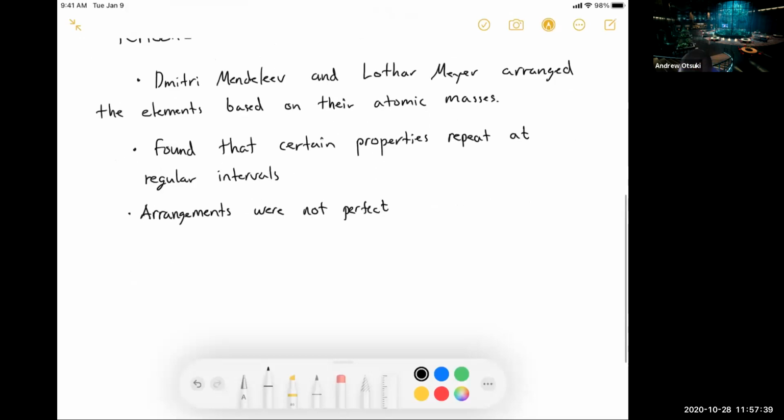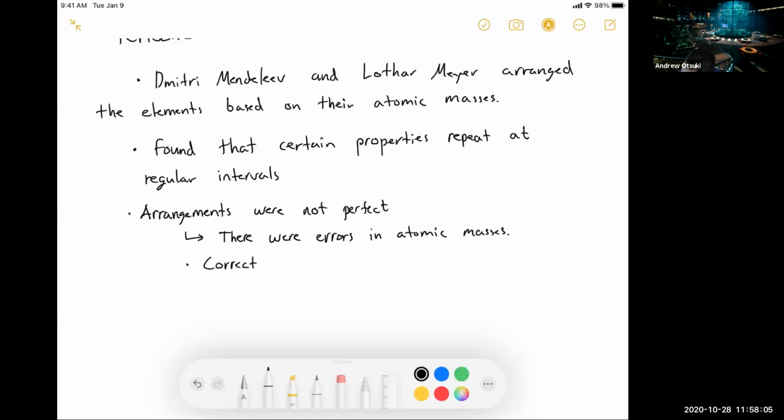The thing about the arrangements is that there were errors in the atomic masses, and they were able to correct this by rearranging it.